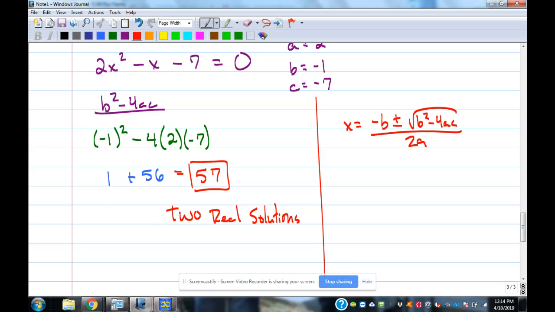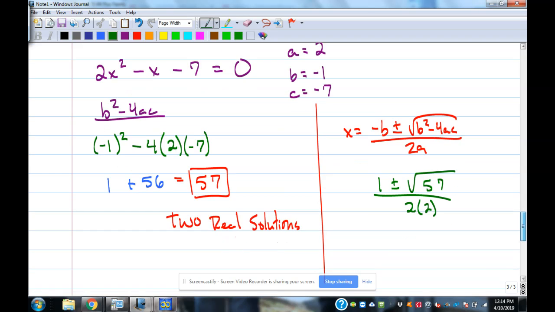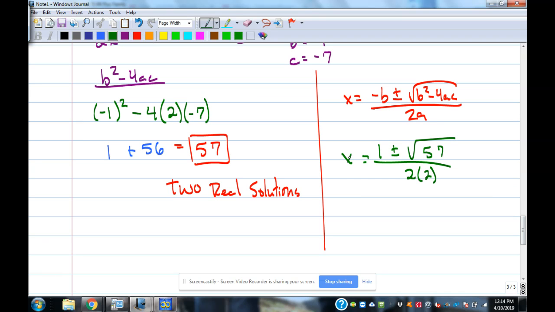Now, let's plug in stuff we know. We know b is negative 1, so negative b would be positive 1. We know the discriminant, the part underneath the square root, is 57, so we're going to put that there. And then 2 times 2 on the bottom. Now, this one's a little different because we've got a 57 under there. Does 57 have a nice square root?